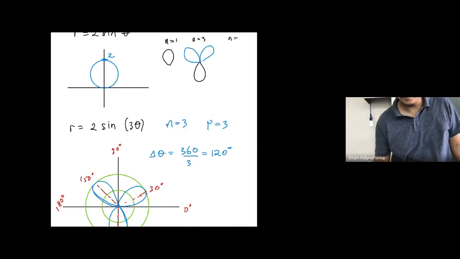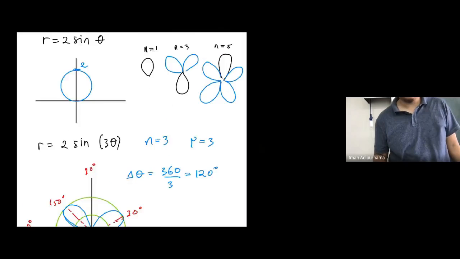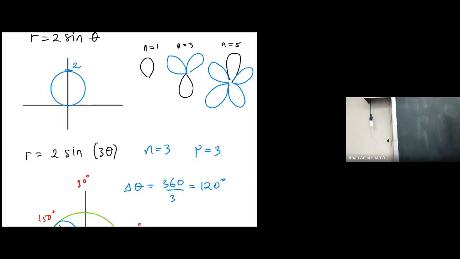And when you have n equal 5, you will have one at the top, and you add another 4 at the top, bottom, and going here. If you have 7, it will go from the bottom and the other 6.